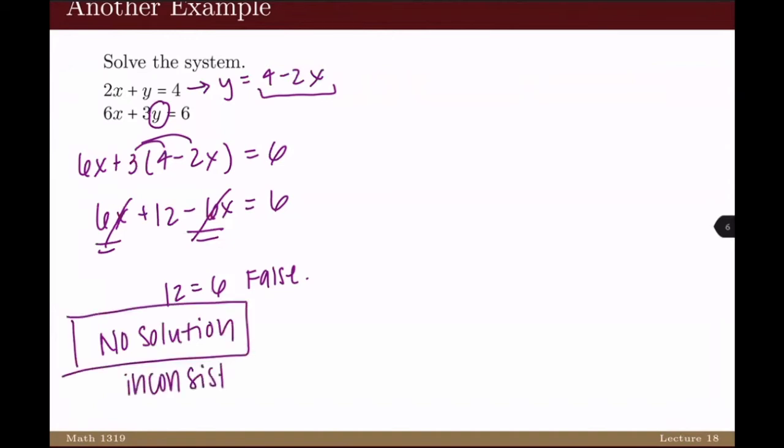Let's take a closer look at these lines though. So I have here y equals negative 2x plus 4, just by rewriting this first equation. And then if I look at the second equation, I want to write it in terms of y. So I'd have 3y equals negative 6x plus 6.